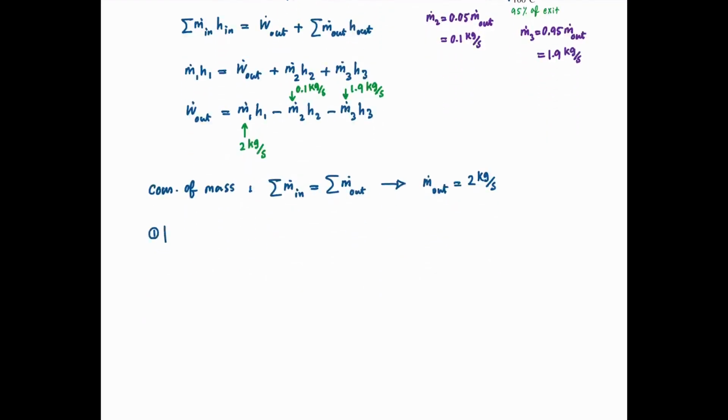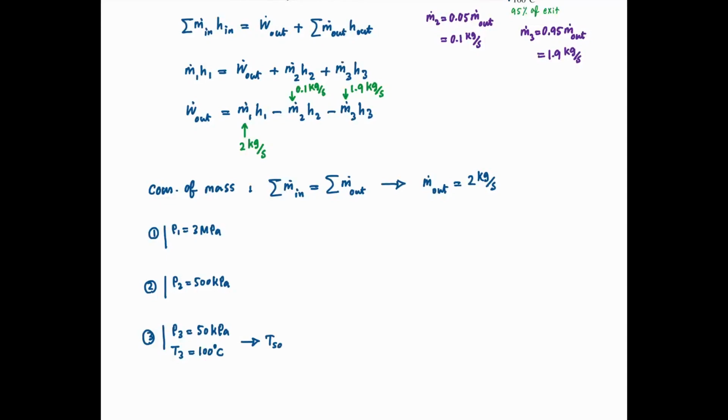Input to the turbine, P1 is given, 3 megapascal, and the first exit, P2 is given, 500 kilopascal, and the second exit, P3 is given, 50 kilopascal, T3 is given, 100 degrees C. Let's determine its state.